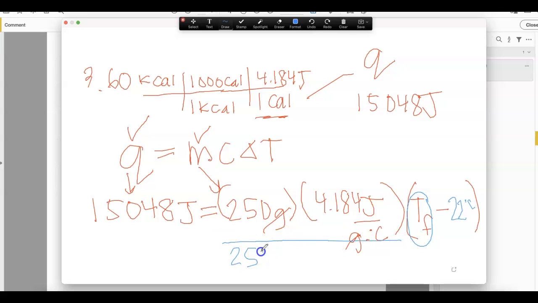So 250 times 4.184. So then you divide both sides.